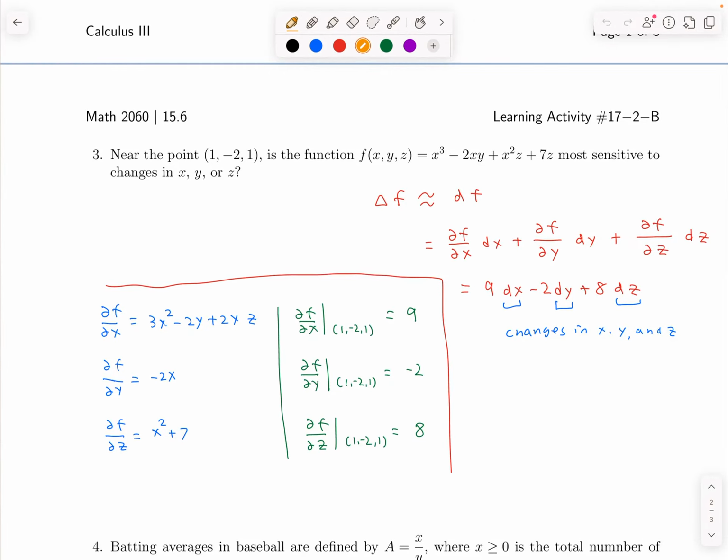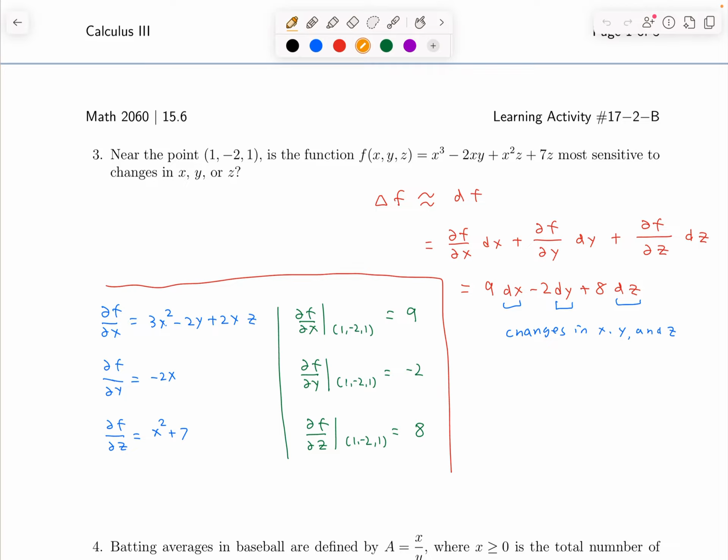So you notice that your change in f is approximately equal to 9 times the change in x minus 2 times the change in y plus 8 times the change in z. So is the function most sensitive to changes in x, y, or z? Well, just think of this.